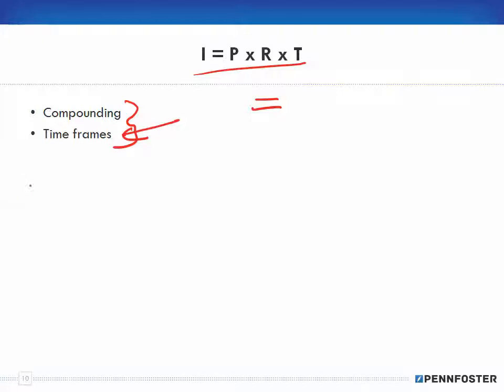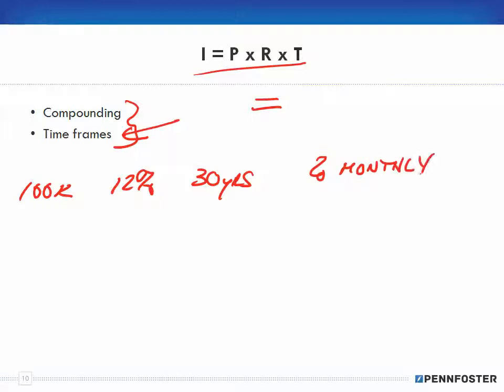What do I mean? Let's say you're borrowing $100,000, and it's at 12% interest, and it's for 30 years, and let's say you want to know how much your monthly payment is. Here's the thing. This interest rate here is an annual interest rate, right?